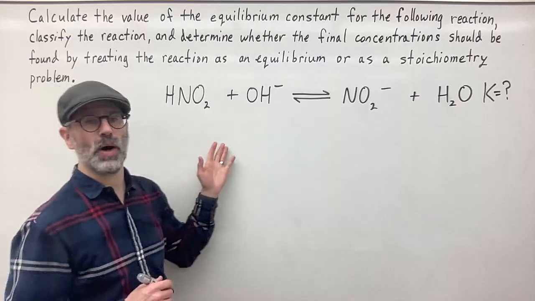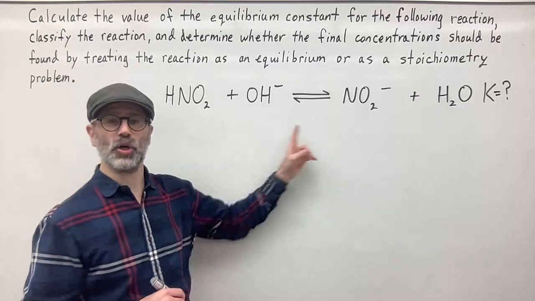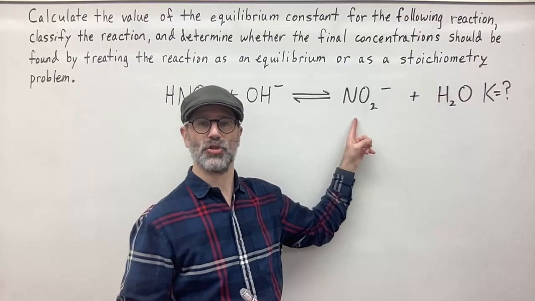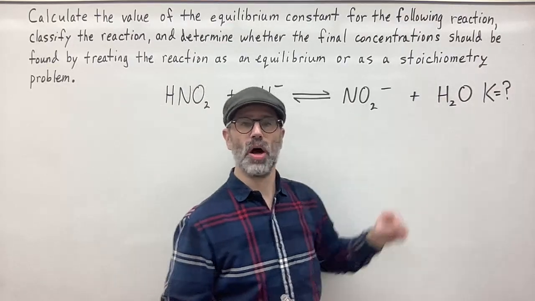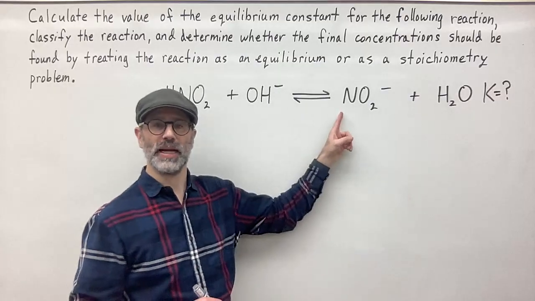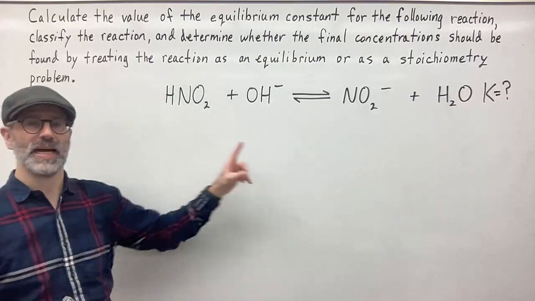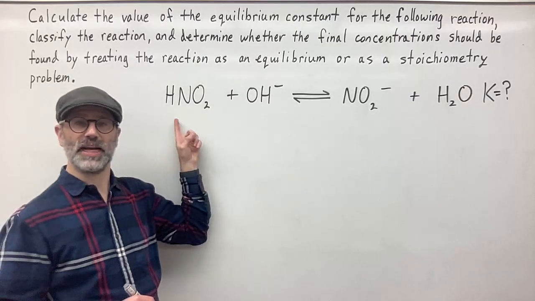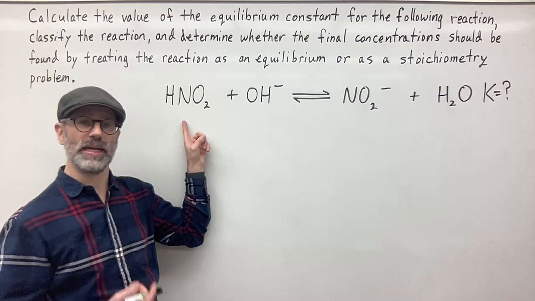The first thing you want to notice is that if we look at the products, we have NO2 minus, the nitrite ion, reacting with water. And the thing to know about the nitrite ion is that it is the conjugate base of the acid, nitrous acid. And nitrous acid is a weak acid.